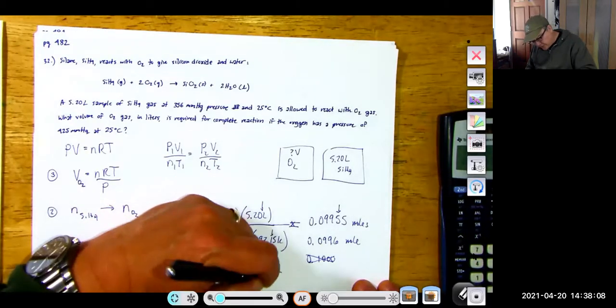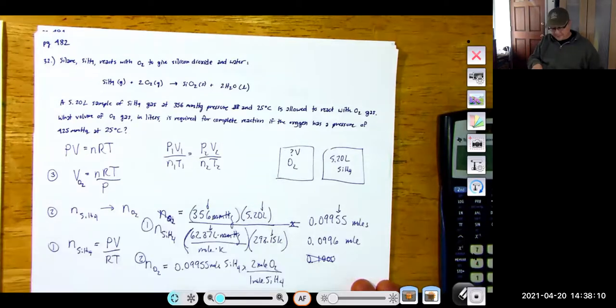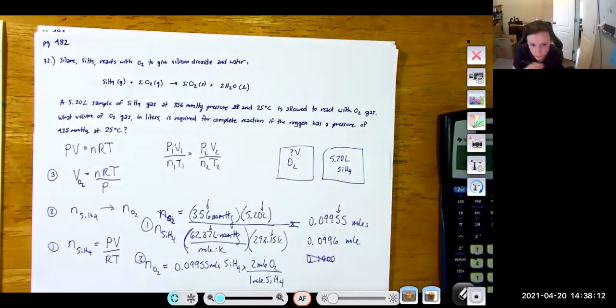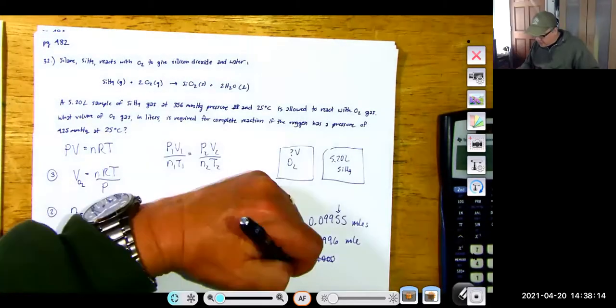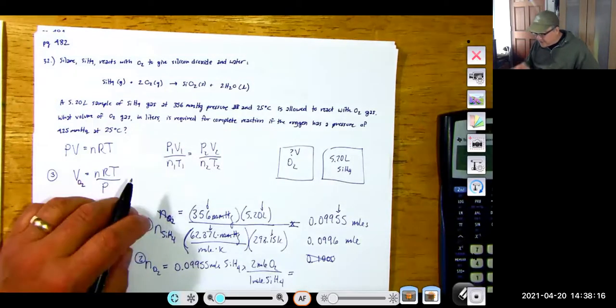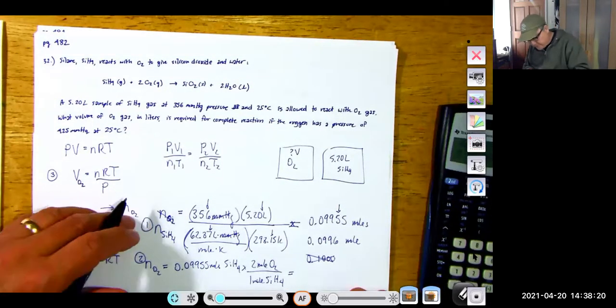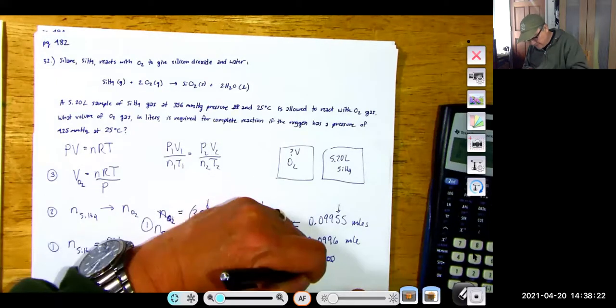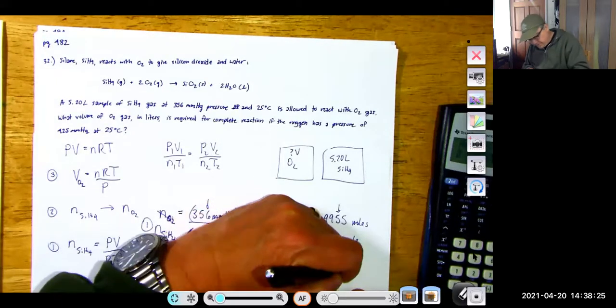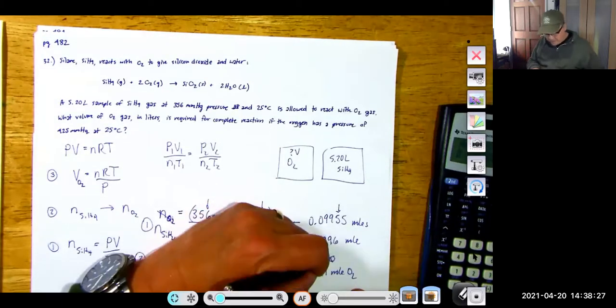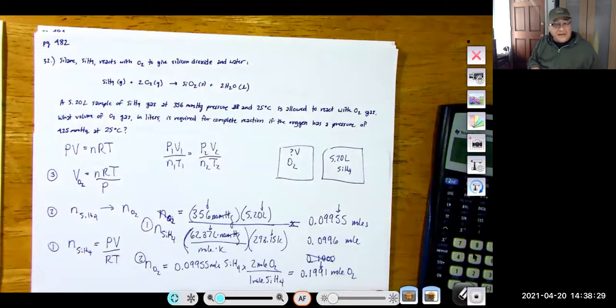And where do I get those numbers from? 2 to 1, the balanced equation. What's neat about this is I don't need to change anything in my calculator. I just do times 2. So I get 0.1991 mole of oxygen.